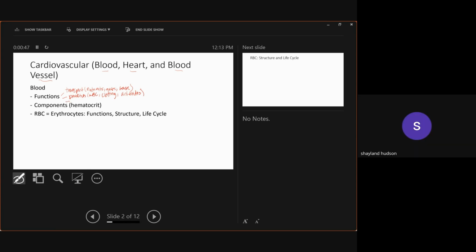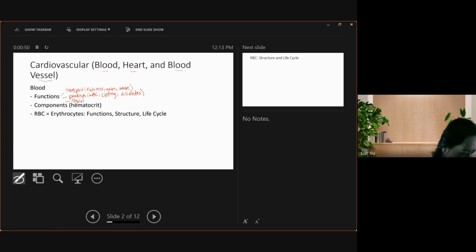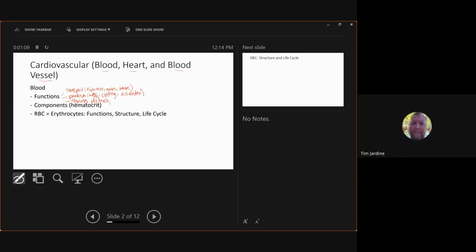Regulation of pH. Perfect. It regulates pH levels. Remind me what pH levels tell you? The acids and bases.